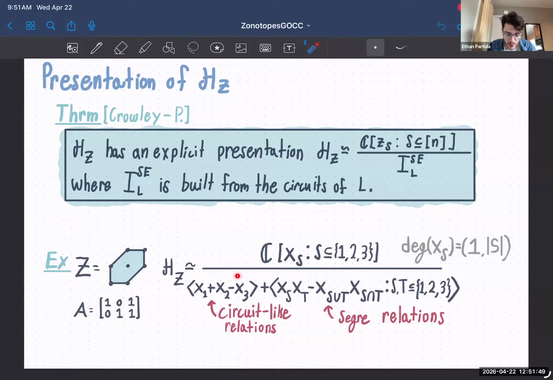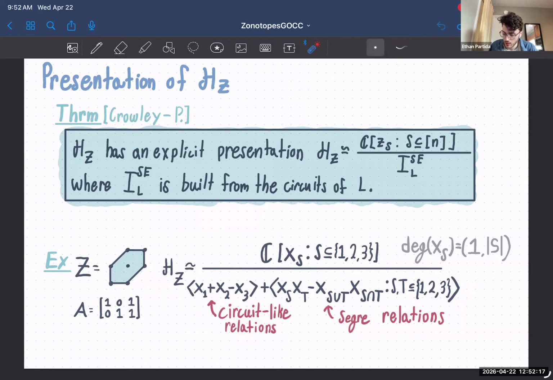So this is how I get this circuit relation. I'll get more linear forms here than just the circuits, essentially because the circuits only have the singletons as their indexing set, and I want to up this to actual subsets. I'll do that in some controlled manner, no black box. But for this example, this is actually the ring presentation.